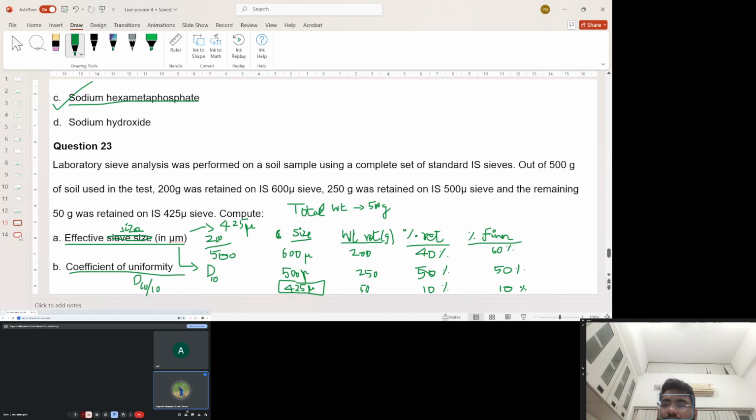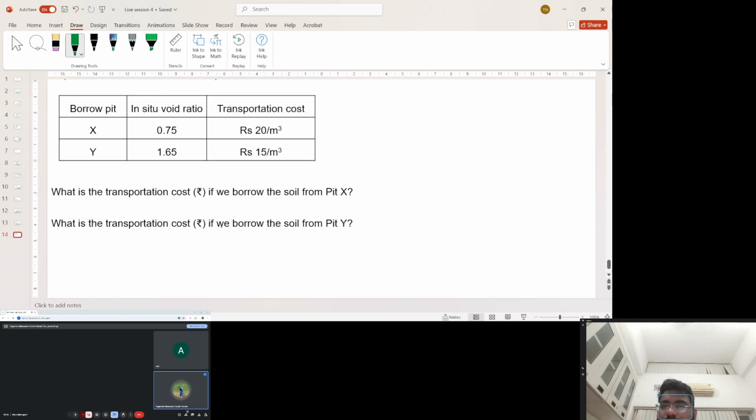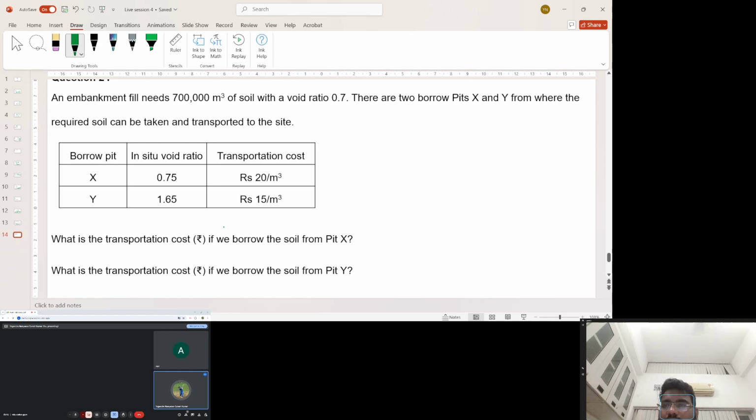Coming to the last question, it is one of the most commonly asked tricky questions to confuse students. An embankment fill needs 700,000 cubic meters of soil with a voids ratio of 0.7. There are two borrow pits, X and Y, from where the required soil can be taken and transported to the site. The borrow pit details, their voids ratios, and the corresponding transportation costs are given.